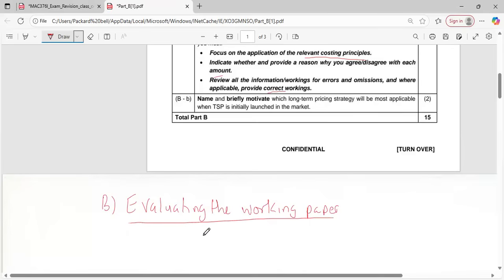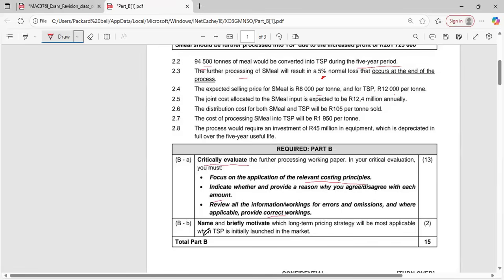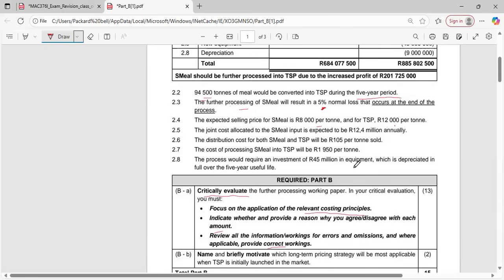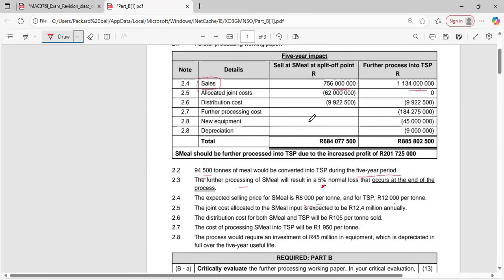What are you going to say with the sales for S meal? The sales for S meal is correct. If you multiply 94,500 times the selling price, you'll get this amount, 756 million. On my calculator, 756 million.